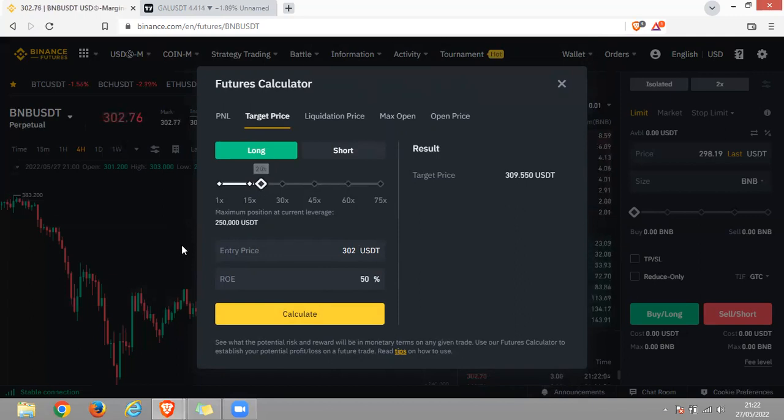That's what it means. It's just a small move. I should be making 309 and that should give me 50%. Let me go to 75%, 304 with this leverage. Let me go to something like this, 339. So the lower your leverage, the lower your profit goes. That is how we use that.